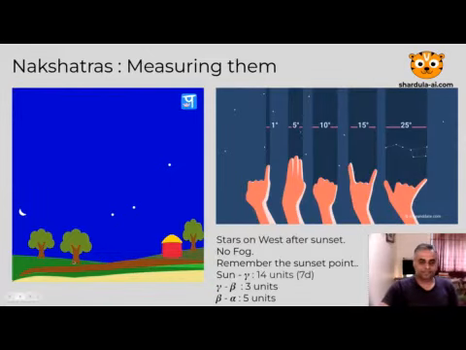When we look at stars, it is preferable to look at the west direction after sunset, because there is generally no fog. Just after sunset, you can look at the point where the sun has set, and from that point look approximately 14 units, so 7 degrees, horizontally.